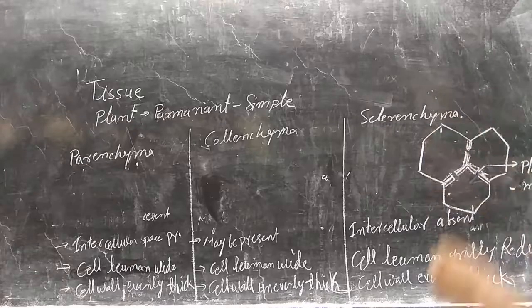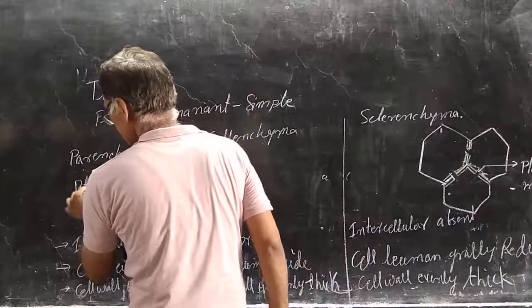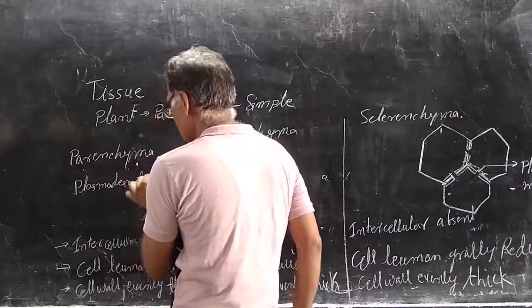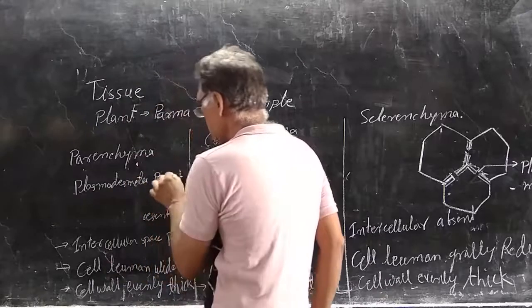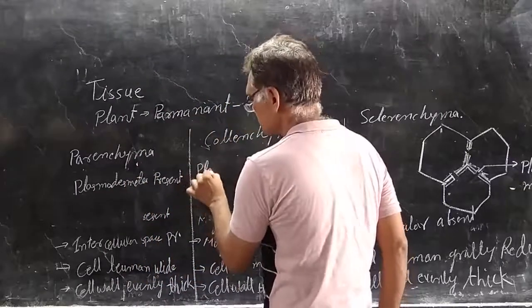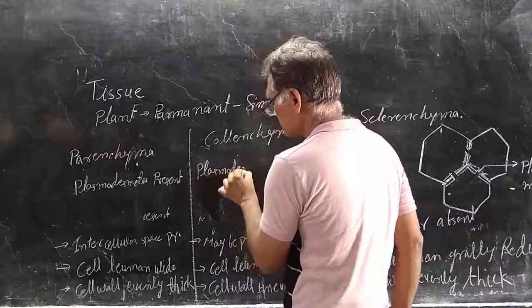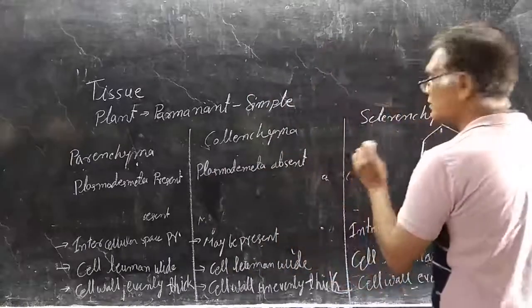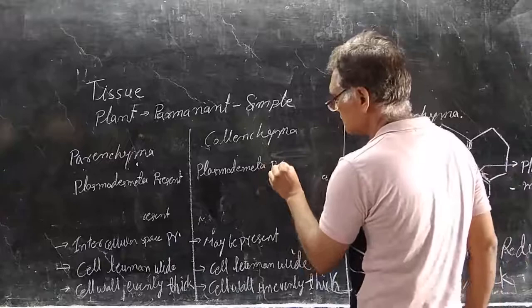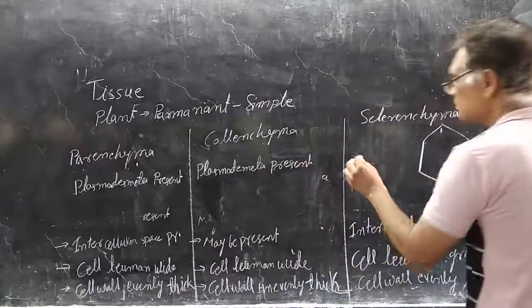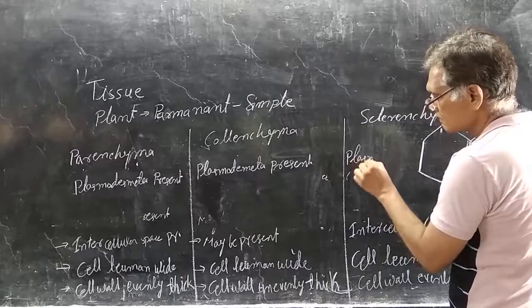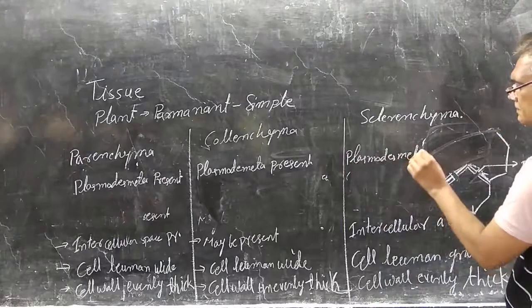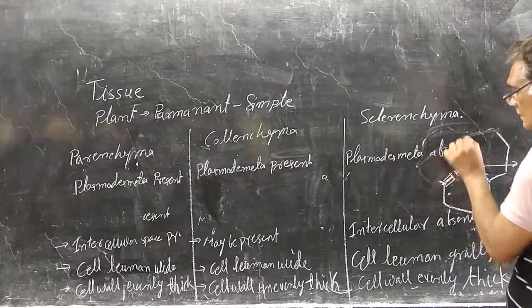So plasmodesmata are present in parenchyma, absent in collenchyma, present in one case and absent in sclerenchyma.